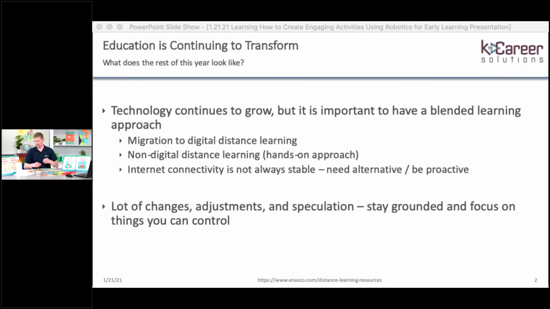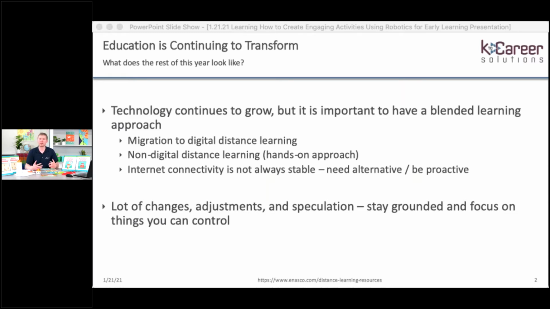And then the last thing I wanted to talk about is that there's a lot of changes happening, and sometimes it's very difficult to adapt to the new norm, right? There are budget issues, there are new tools that we sometimes have to learn, and sometimes these are things out of our control.